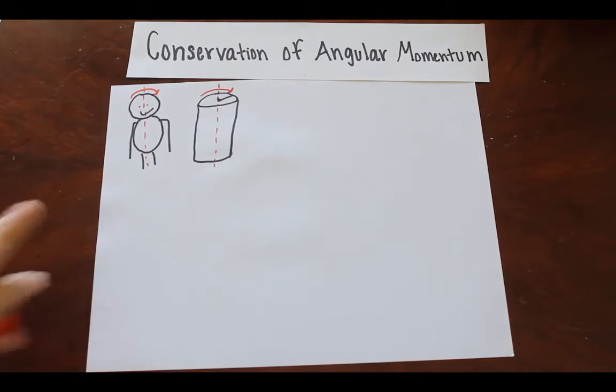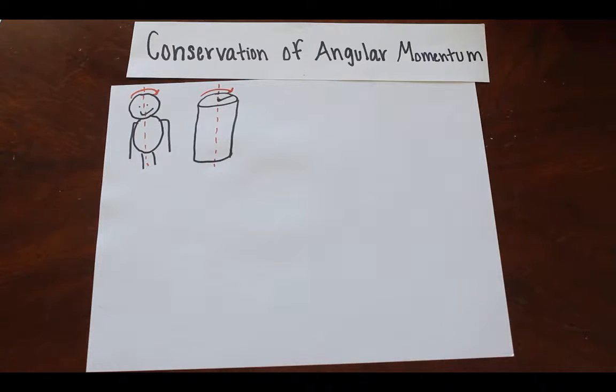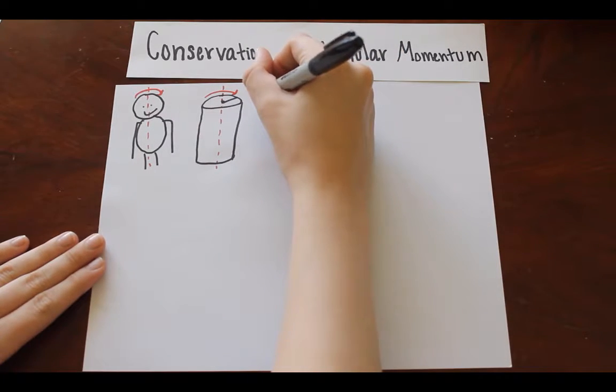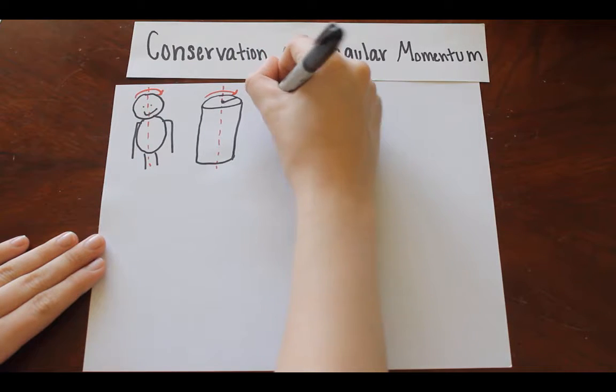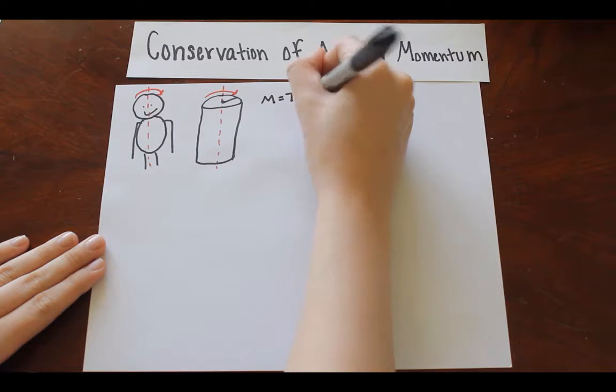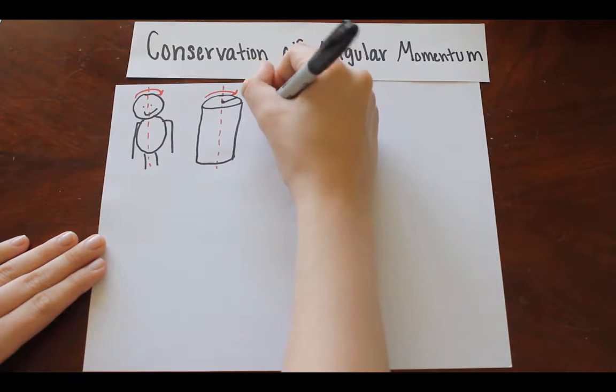Now, let's say that the person's mass is going to be 75 kilograms, and we're going to call his radius 0.2 meters, because that's about normal for a grown person at least.